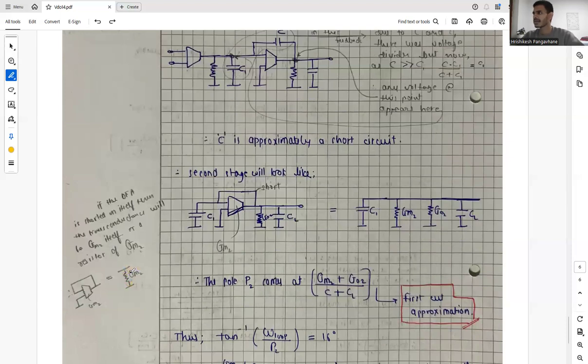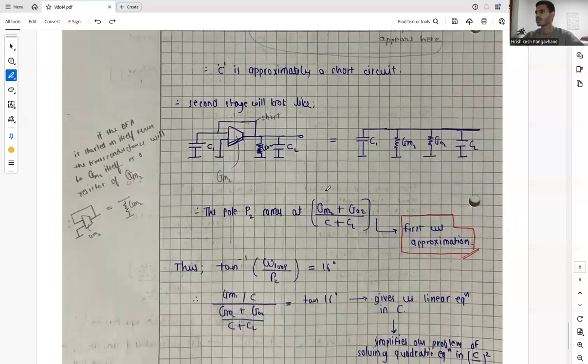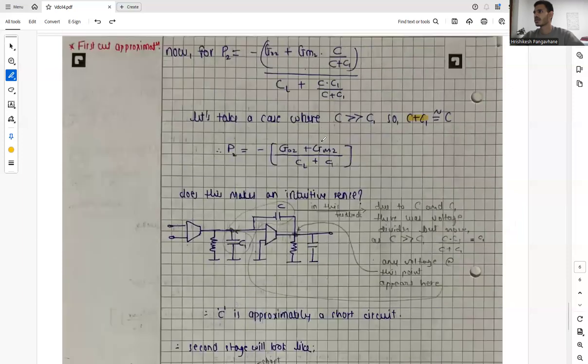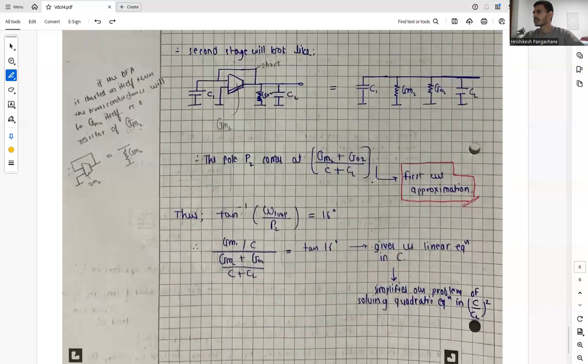So it will act like this. So basically our circuit will look somewhat like this, and this is due to our transconductor. So now the pole P2 comes at this value, as we saw over here, and this is our first cut approximation.